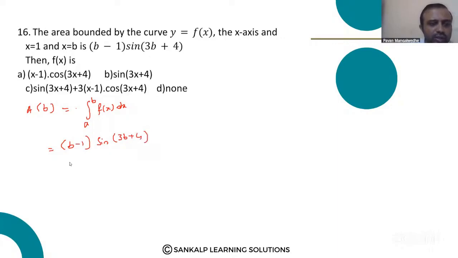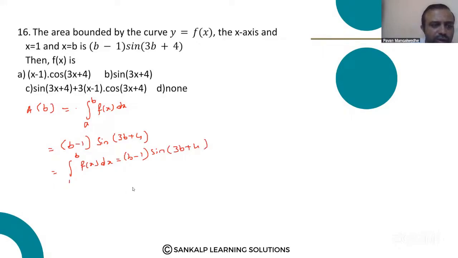Therefore, next it is the integration from 1 to b of f of x dx, which is b minus 1 into sine of 3b plus 4.